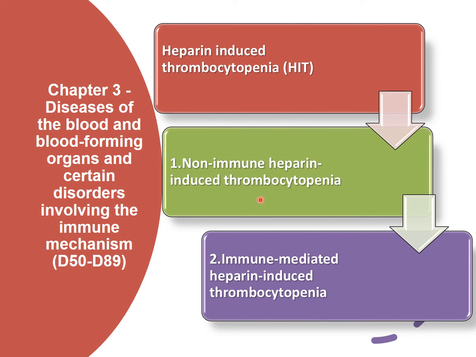It occurs between 5 to 14 days after the beginning of heparin therapy. The second type is immune mediated heparin induced thrombocytopenia. It occurs less frequently, but it is more dangerous and it causes much lower platelet counts and also puts the patient at risk for major clotting problems.